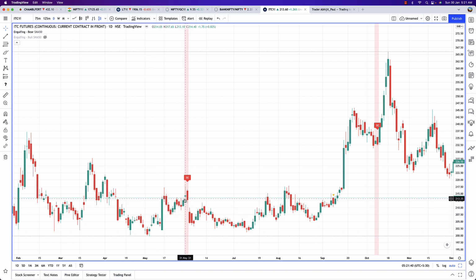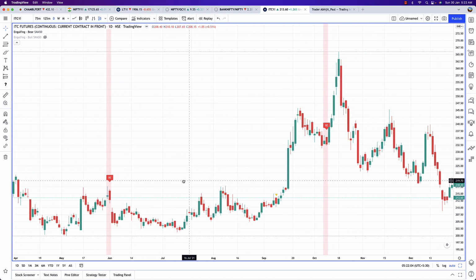So this can be considered a good enough bearish engulfing, because it has the uptrend, and the red body is covering the green. It's only that the very next day it gapped down, so it would have been really difficult to execute a trade based on this bearish engulfing.